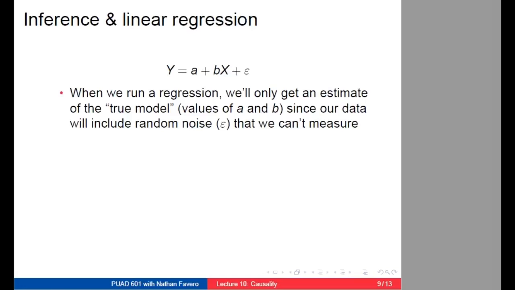And what that symbol is symbolizing is the fact that we're only going to get an estimate of whatever we are trying to study. Specifically, when we run a regression, we're only getting an estimate since there's some random noise in our model. In other words, we have some dependent variable we're measuring, maybe something like productivity. We have an independent variable, something like whether or not an organization has pay for performance.